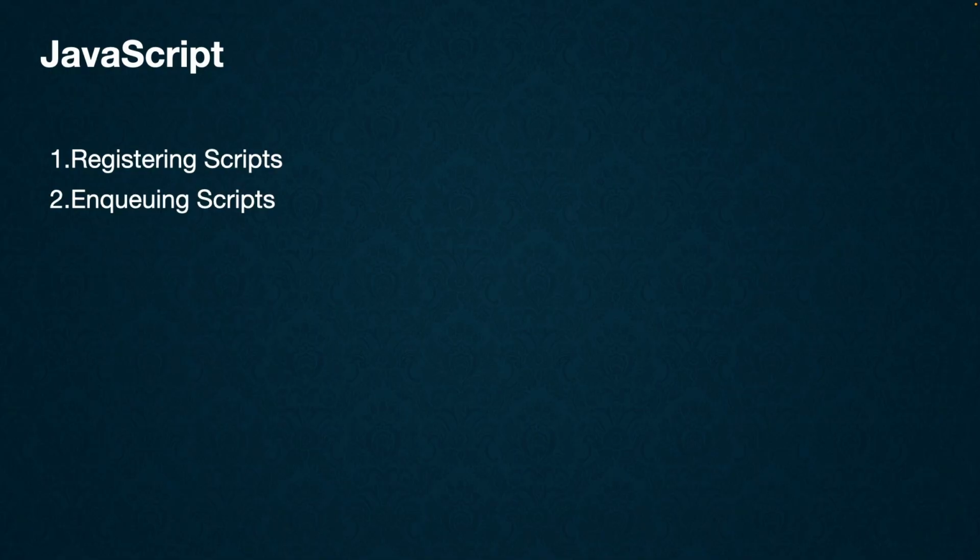So after hooks we will discuss JavaScript, like how you will register any type of script, maybe CSS or JS, and after registering, to display it on WordPress or make it work, you will need to enqueue. So in this part we will see how to enqueue also, and limiting scope.